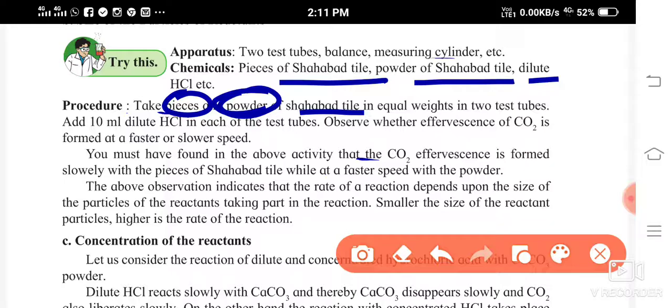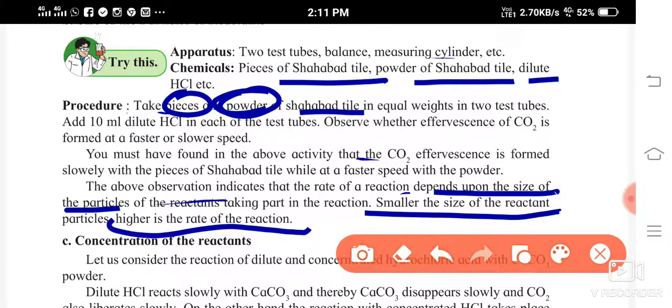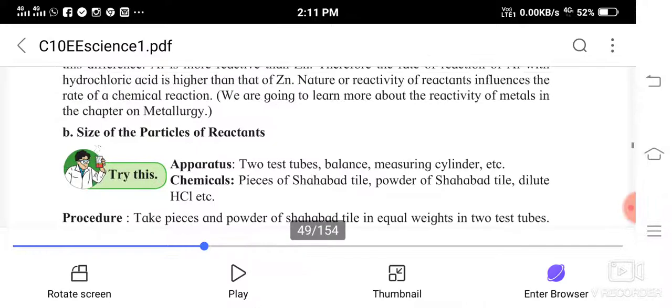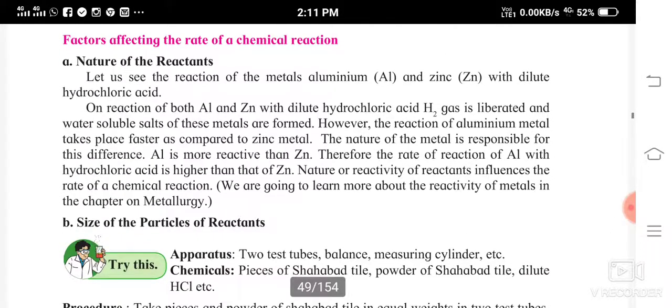So the rate of the reaction depends upon the size of the particles of the reactants taking part in the reaction. Smaller the size of the reactant particles, higher is the rate of reaction. The smaller the particles, the faster the reaction.